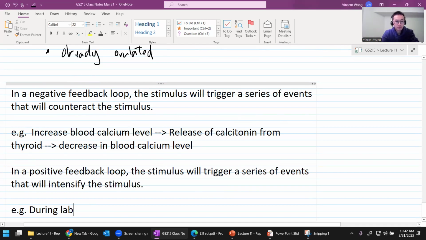During labor, this is a new example I haven't talked about yet. Okay, during labor, the body releases oxytocin, okay, which would lead to uterine contraction.